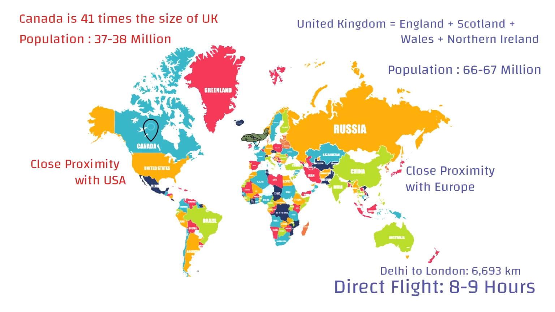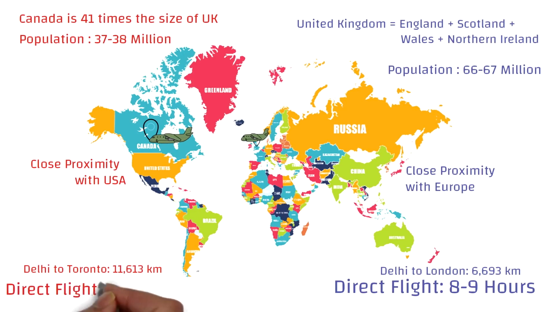And for example, if you're planning to immigrate from Delhi to Toronto, the distance is around 11,600 kilometers, which is approximately close to double compared to Delhi to London. So a direct flight would take around 13 to 14 hours, which means if you want to stay close to your home country, and if your home country is India, Bangladesh, Pakistan, immigrating to UK would be a little easier because commuting would take less time.